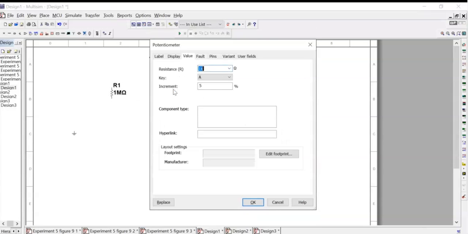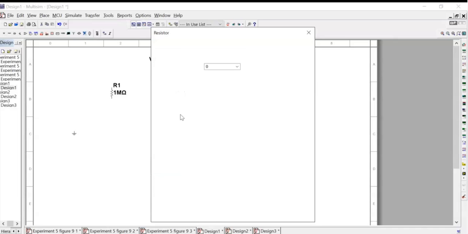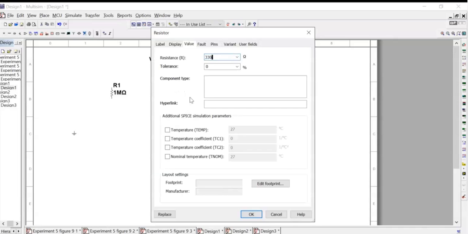R2, which is the potentiometer, is 20 kilohms, with an increment of 0.1. Then R3 is 330 ohms.